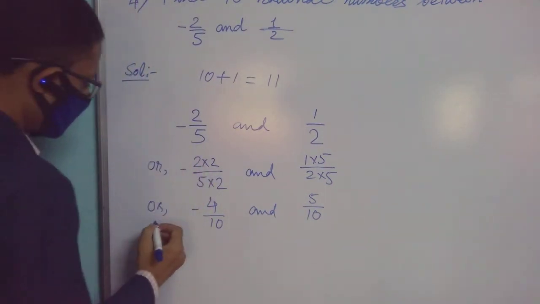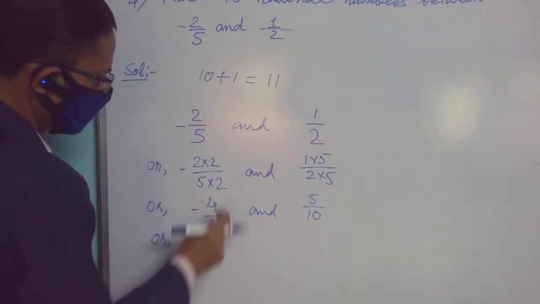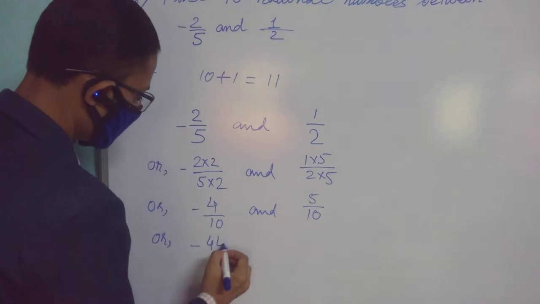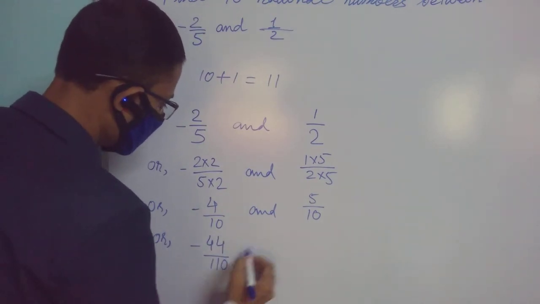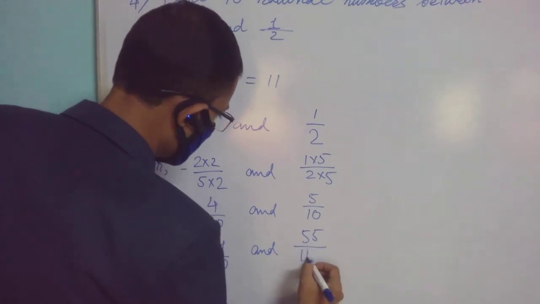And then we multiply this by 11, so it will become -44 by 110 and 55 by 110.